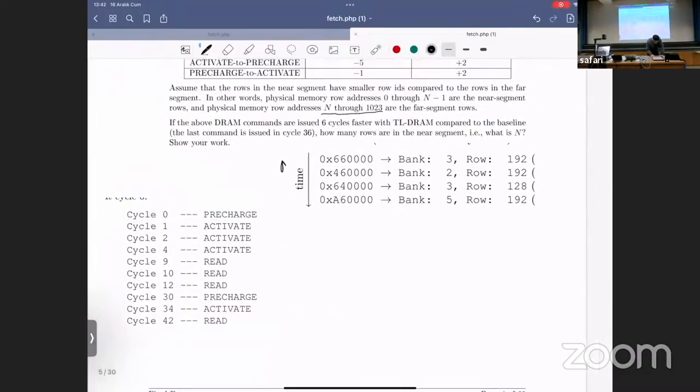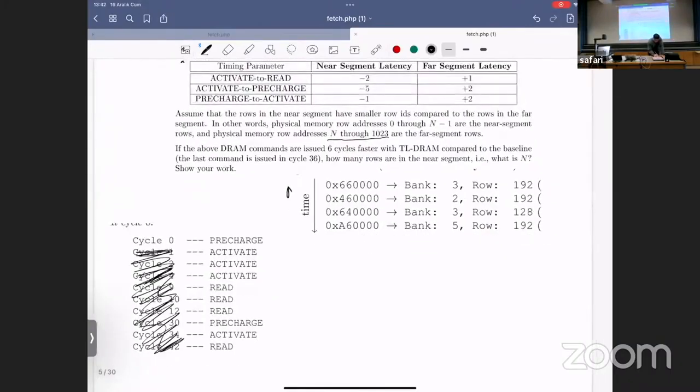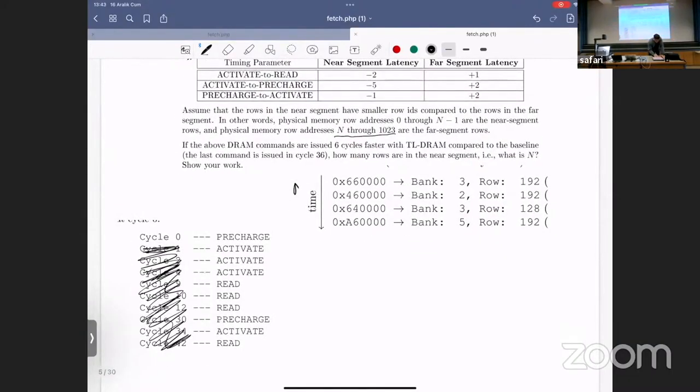Okay. So let's look at what happens when we have everything in the near segment. So these are all invalid now, except the first one. It starts at cycle 0. And this activate has to go at cycle 1. Again, nothing changes because there are no constraints here. Cycle 1, cycle 2.